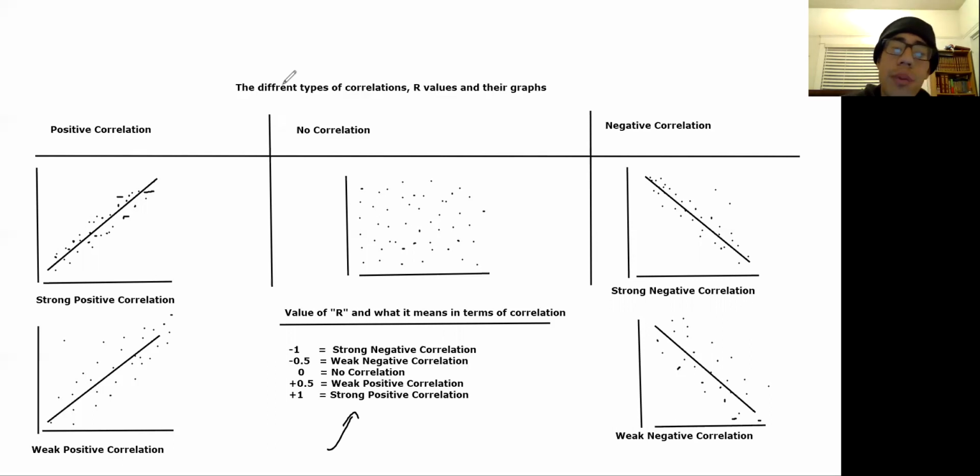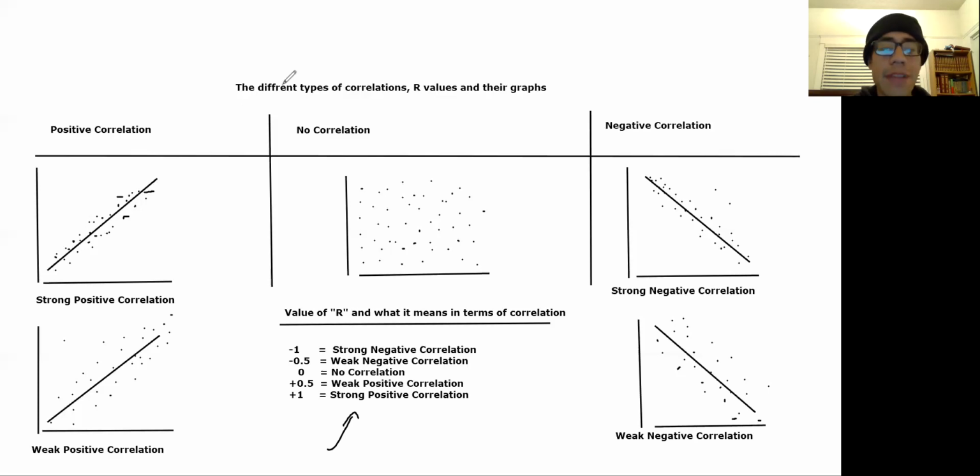If you determine that a graph has a strong negative correlation, it has an R value of -1. If you determine that it has a weak negative correlation, it has an R value of negative 0.5. It honestly could be anything in between 0 and -1. We're going to use the midpoint, negative 0.5, just because it's a little bit easier to do that.